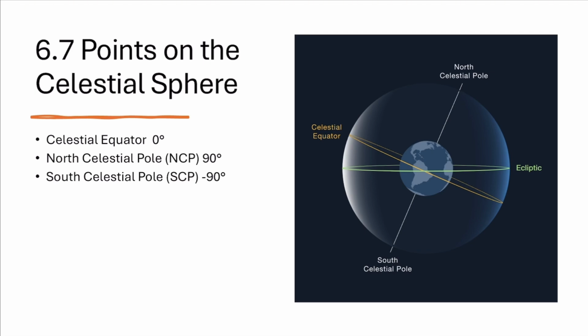These are all easy. The celestial equator, which is the invisible projection of the Earth's equator on the celestial sphere, and the North Celestial Pole and the South Celestial Pole are both imaginary projections of the North Pole and the South Pole on the celestial sphere.